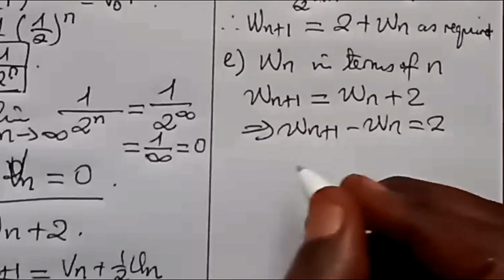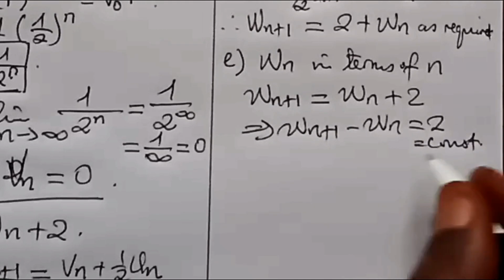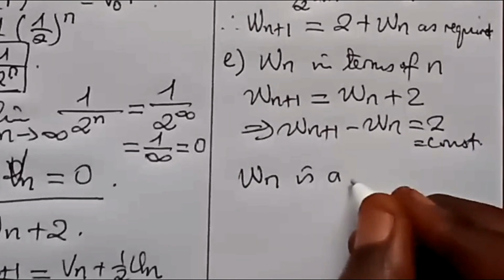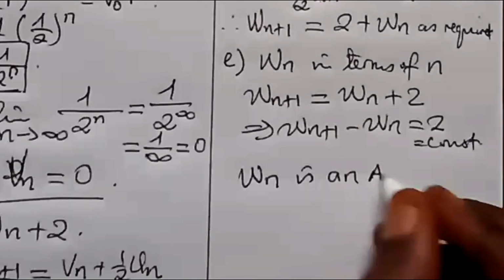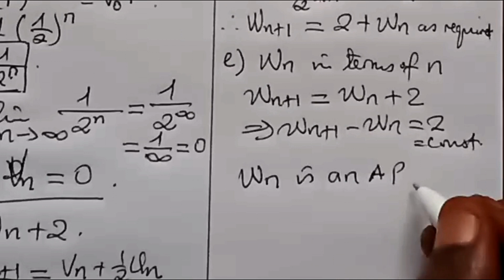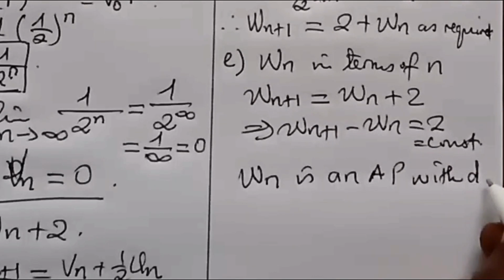And this is a constant, showing that Wn is an arithmetic progression. It's an arithmetic progression with common difference 2.